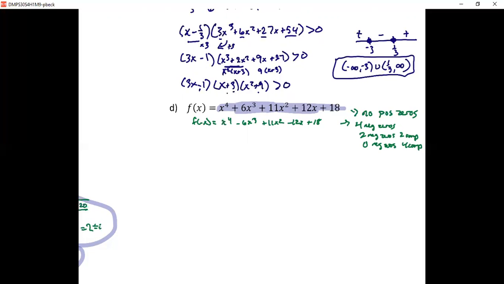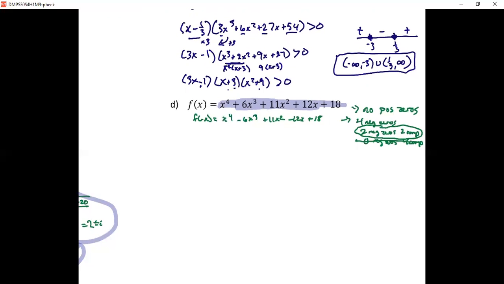The answer is no. As a teacher, I would not do that to you. That's not going to be a possibility. So it's either going to be 4 negative zeros or 2 negative zeros and 2 complex. Since this is working with complex, this is probably what's going to occur. And I say probably, there's no guarantee. Let's just go ahead and do it.